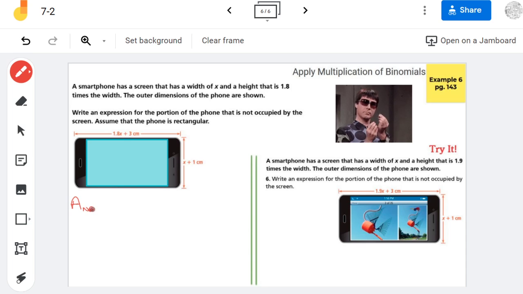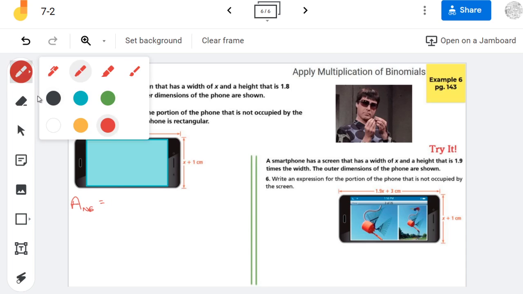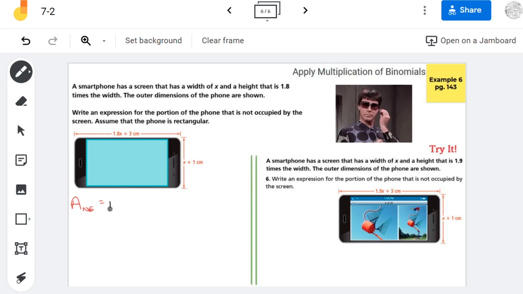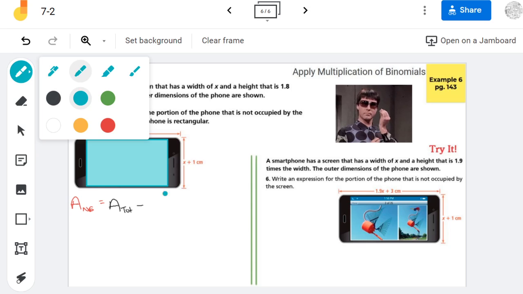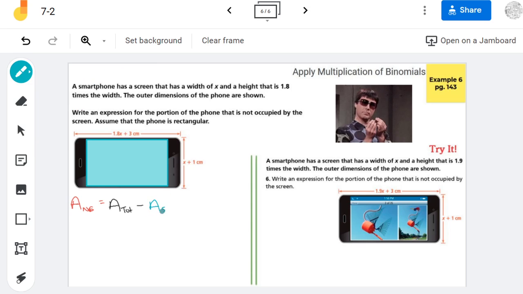I'm going to call it NS. Area of the NS, the not screen, is equal to the total area, which is everything here, the black, minus the area of the screen. Okay? So I need to find expressions that describe both of these.